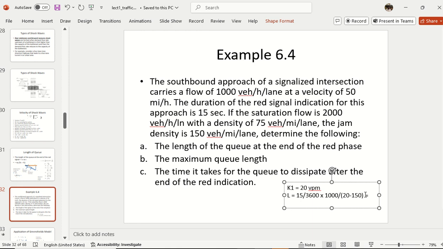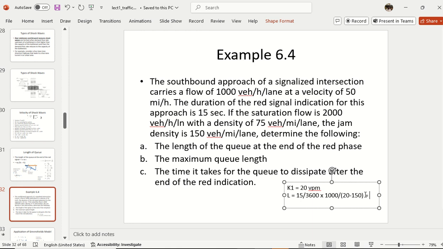Zero point something, right? 0.03. Now what are the units? 0.03 what? Miles. Because you put this density in vehicles per mile.